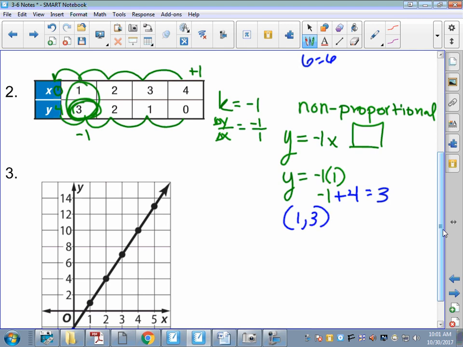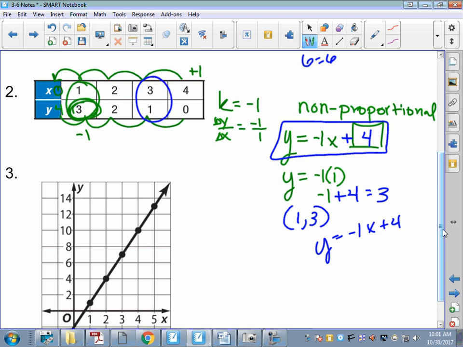So I use the ordered pair 1, 3 to help me come up with my equation. So when I multiply my variable x by -1, in order to get my y value, I have to add 4 to it to get the right value. So my equation is y equals -1x plus 4. If we check it with another point, let's try 3, 1.